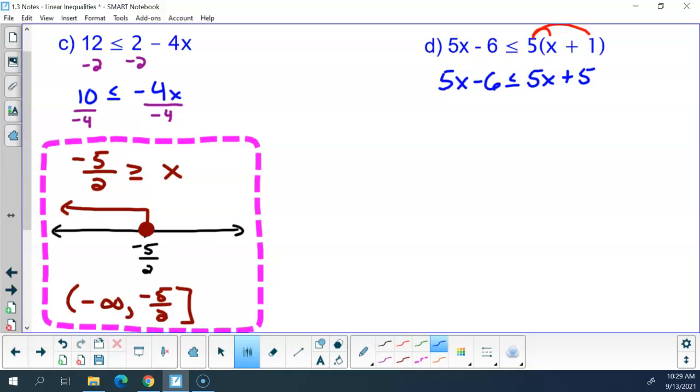Okay, all right. Add 6 and subtract 5. So I'm going to add 6, and I'm going to subtract 5x at the same time. So then that gives me 0 over here and 11 over there. Right?